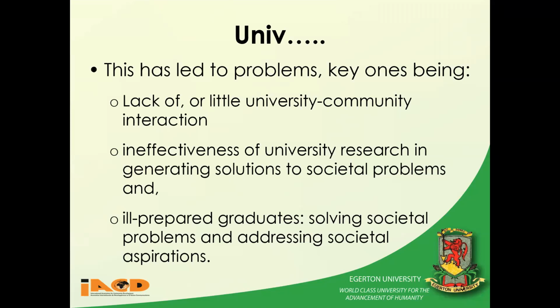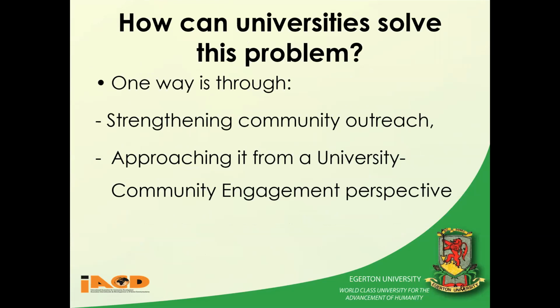And this is because, again, we are teaching our people without really connecting them with the society and the problems and the aspirations of those societies. So if we can strengthen the community outreach arm, then we'd be able to interact with the communities, tackle the problems, and see the problems the way the community sees them.